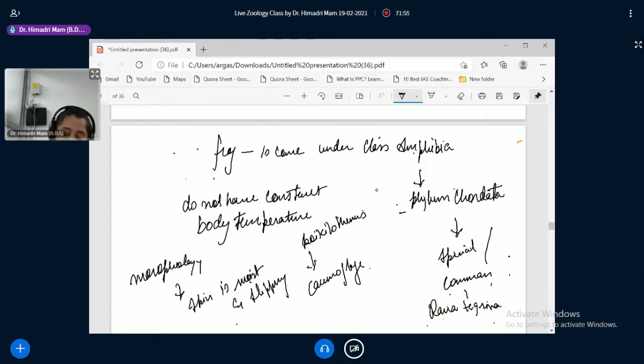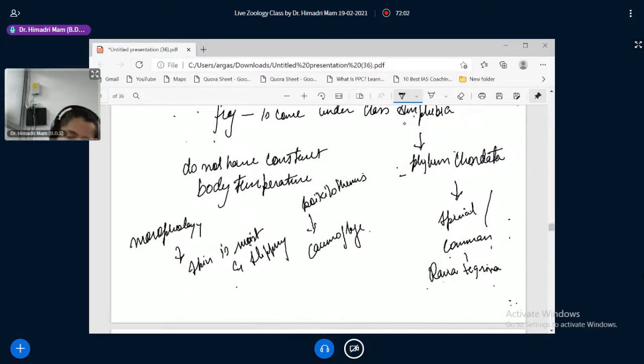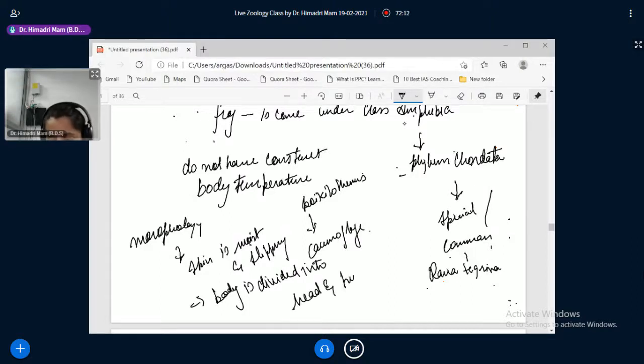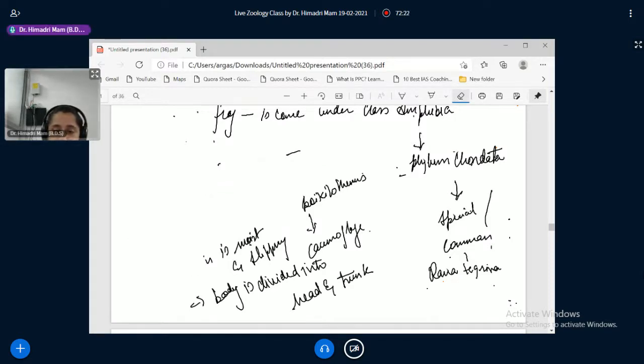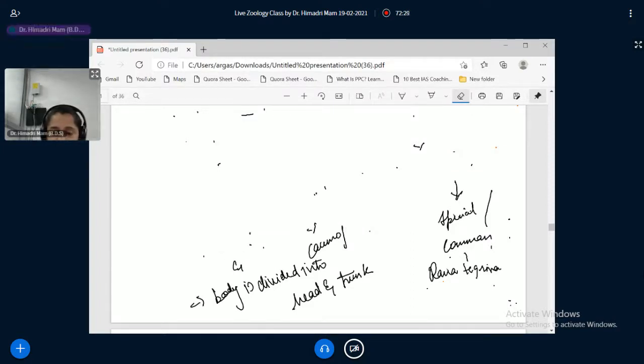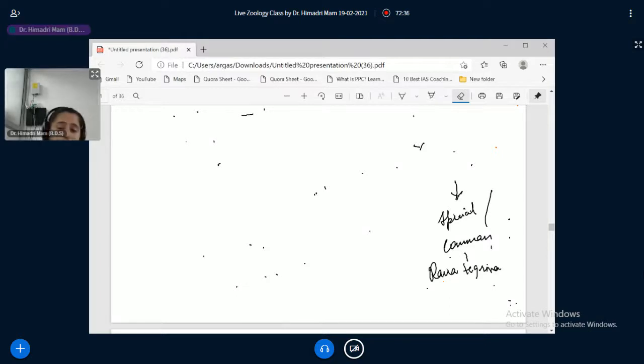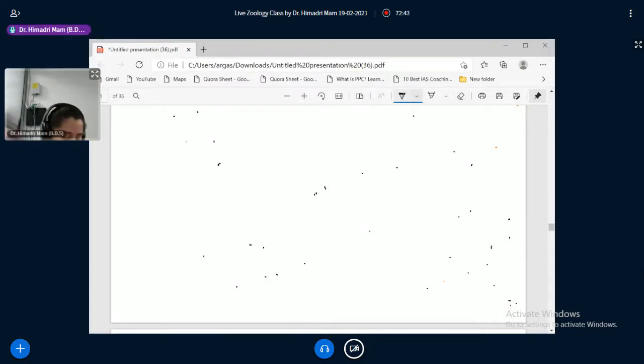Right. Body is divided into head and trunk. It does not have a neck.